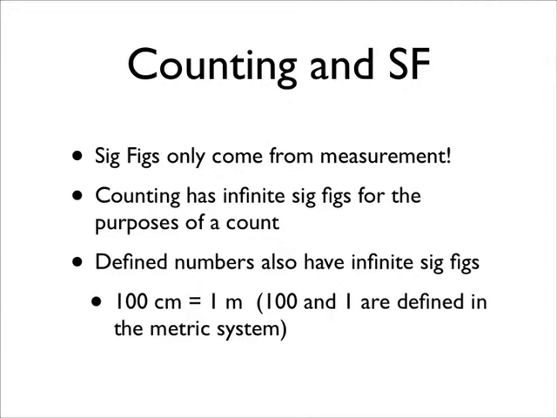In other words, our powers of 10, our metric system. So 100 centimeters is equal to 1 meter. We call each of those as having infinite sig figs because it is a defined number. So counting and defined numbers have an infinite number of sig figs.